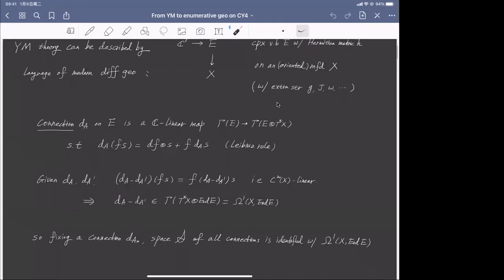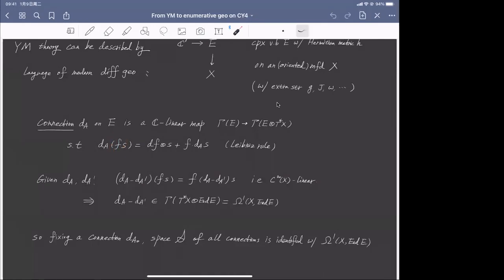Notice that because of this extra term, the map dA is not linear with respect to the smooth function action on the space of sections.